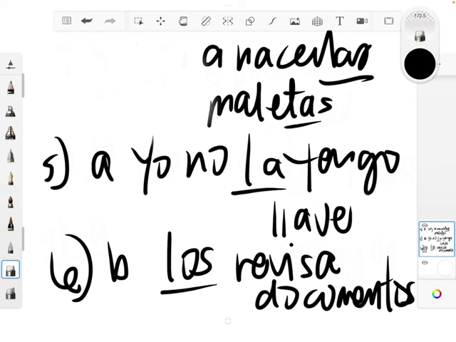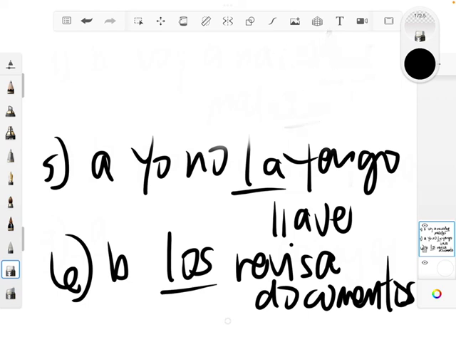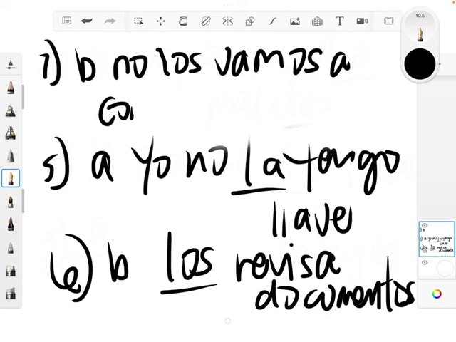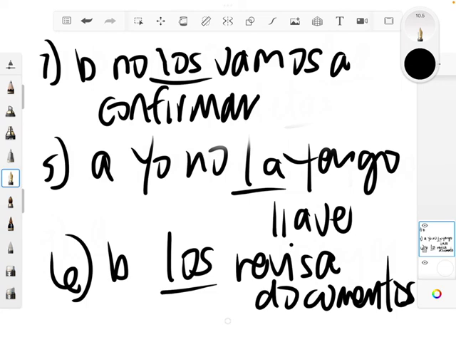Okay, and last of all, we have number 7. ¿Vamos a confirmar los pasajes en la agencia de viajes? The answer, B. No los vamos a confirmar. Los refers to pasajes.